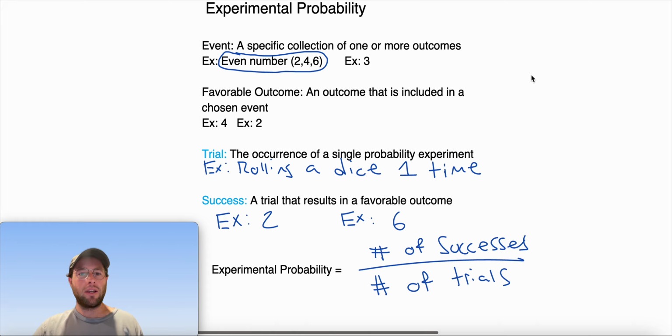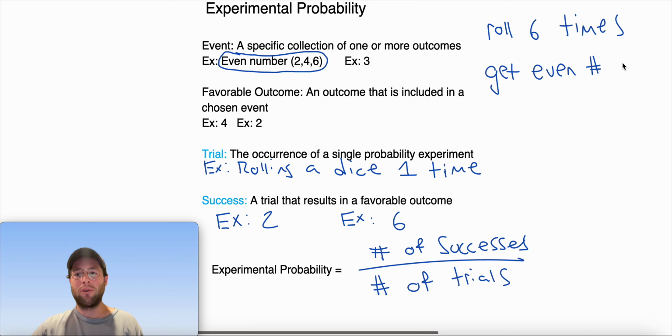Let's say we're rolling a dice and we roll a dice 6 times. And out of those 6 times, we get an even number 2 times. And so that means that we have 2 successes and we did 6 trials.